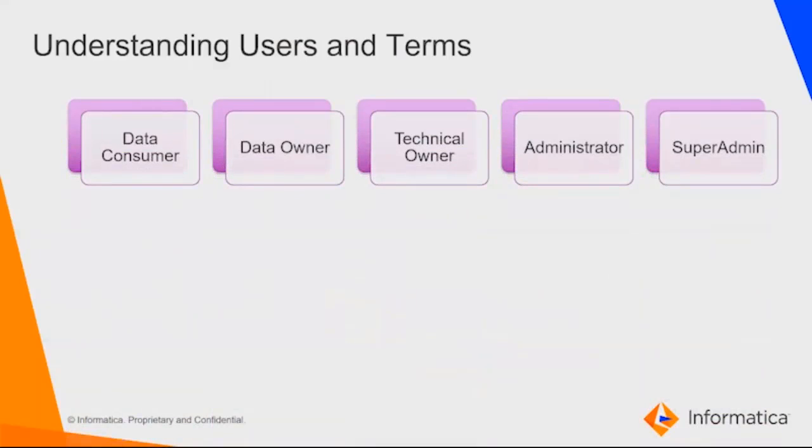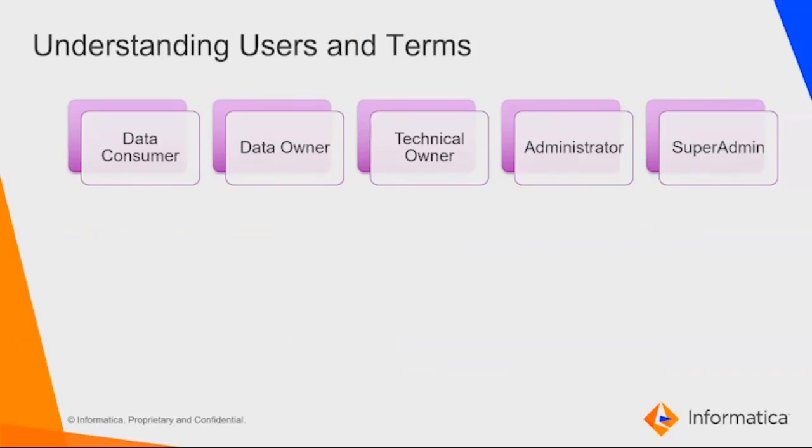So who are the different personas involved in data marketplace? A data consumer is a user who is interested in accessing some data set within the organization. He can log into data marketplace and search for his favorite data assets.